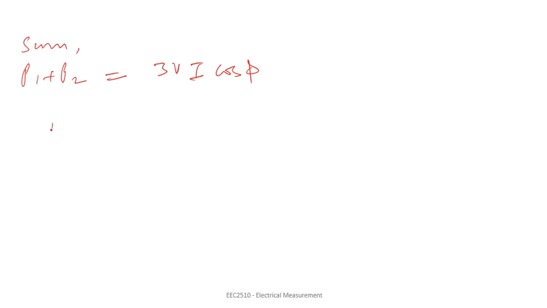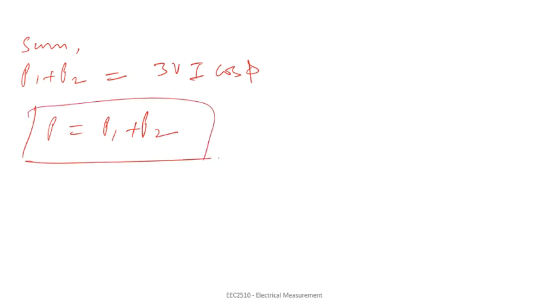So P will be equal to P1 plus P2. These are the different methods of measuring three phase power: the 3 wattmeter method, the 2 wattmeter method, and the 1 wattmeter method. We will also see some problems maybe in the coming lectures. So this is all in this lecture. Thank you very much.